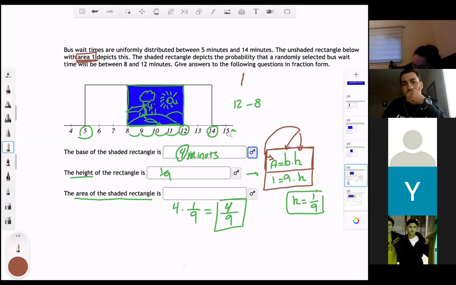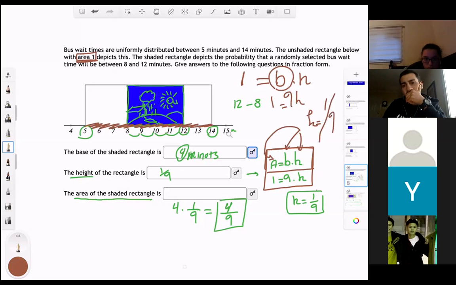So I put 1 equal to base times height. This base is this much, which is 9. So 1 equal to 9 times h. H will be 1/9. Okay, thank you.